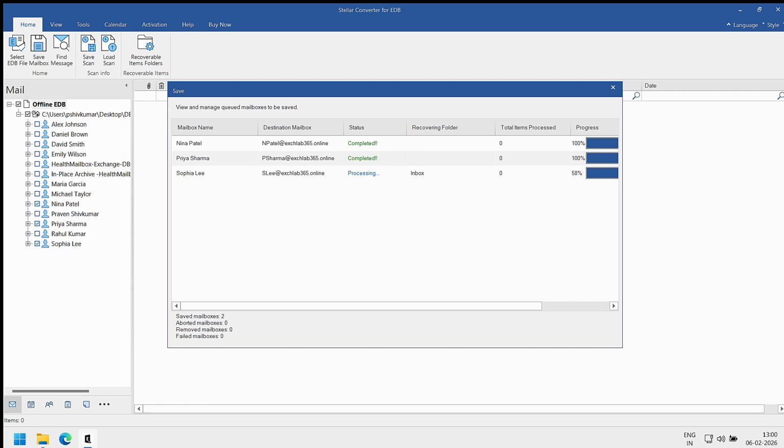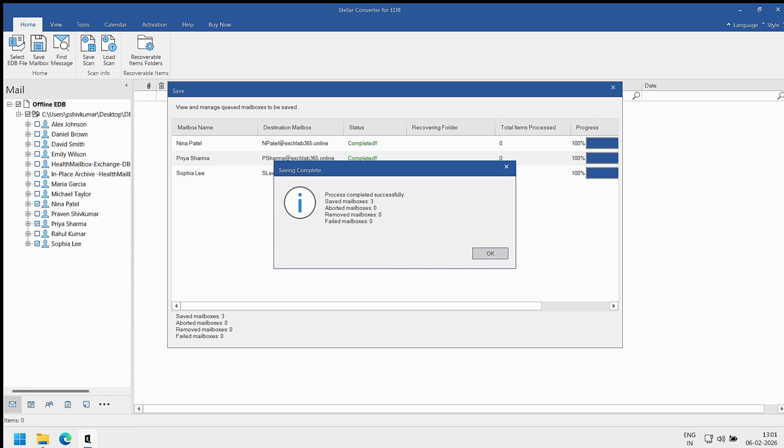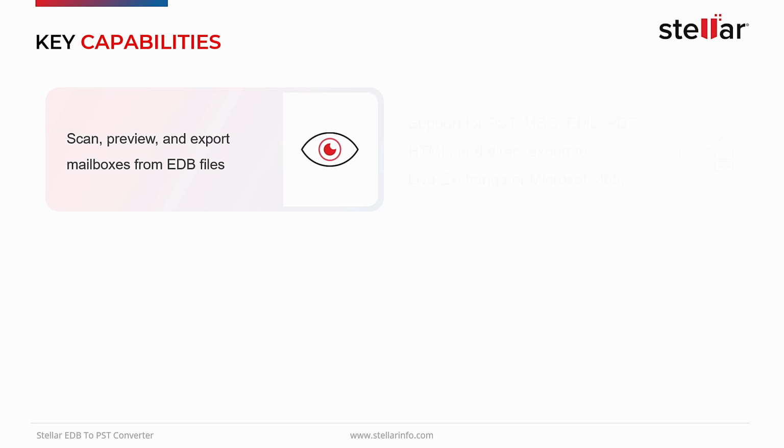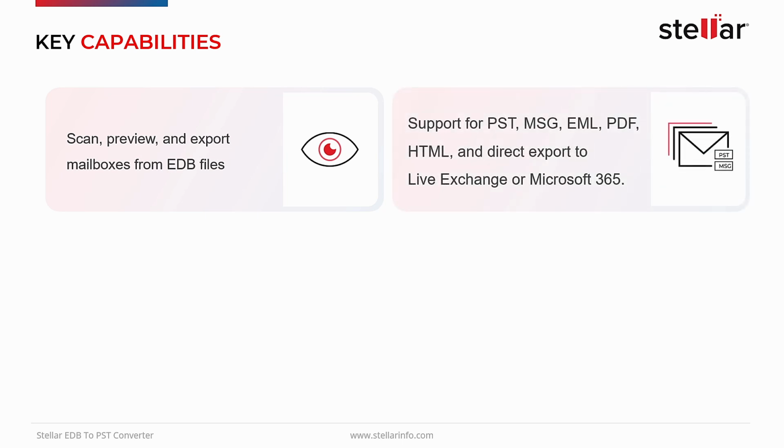To sum it up, Stellar Converter for EDB is a reliable solution for anyone who needs quick access to Exchange database files without relying on the Exchange server. It allows you to scan, preview, and export mailboxes from EDB files, with support for PST, MSG, EML, PDF, HTML, and direct export to Live Exchange or Microsoft 365.